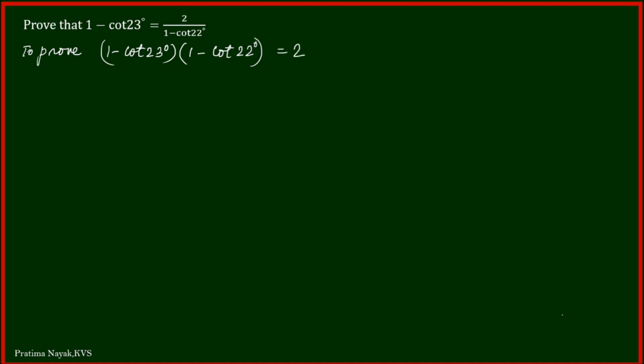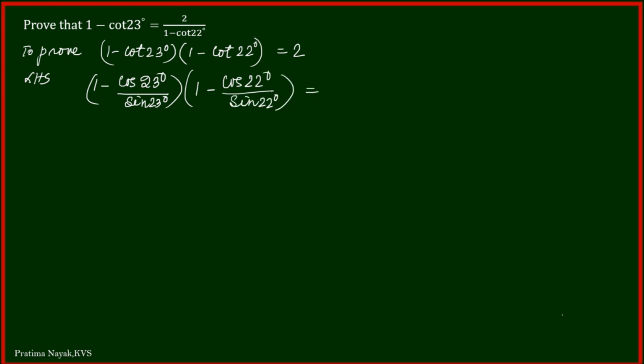So first, let's convert cot 23 degree in terms of sine and cos. Then I'll get LHS equals (1 minus cos 23° upon sin 23°) whole multiplied by (1 minus cos 22° upon sin 22°).